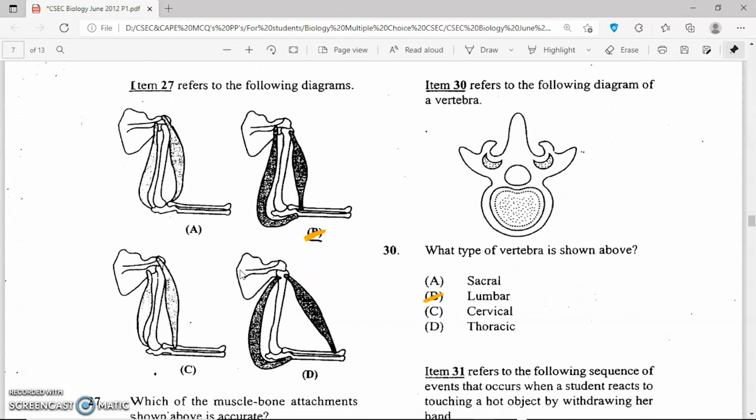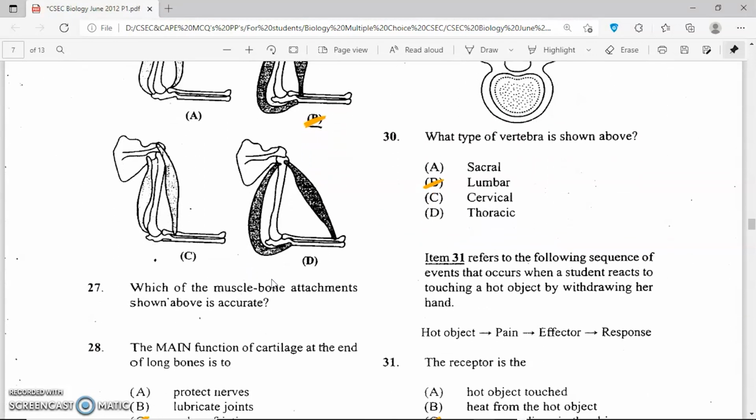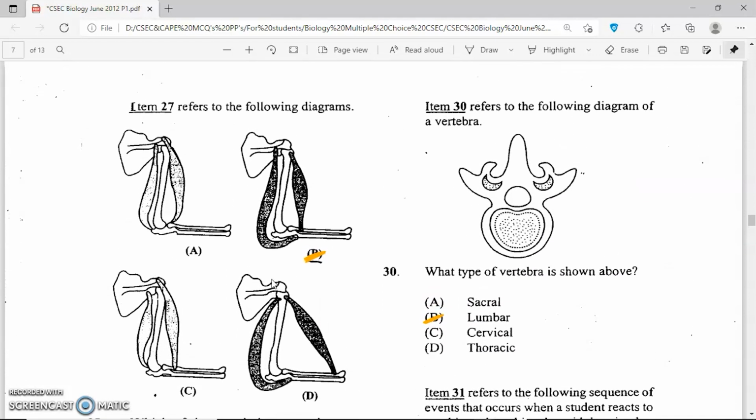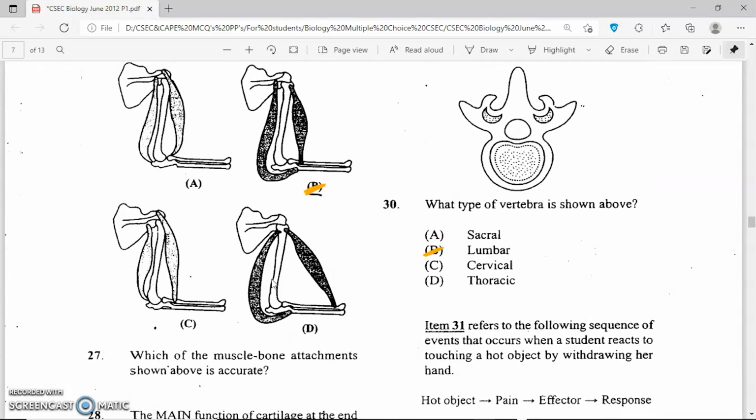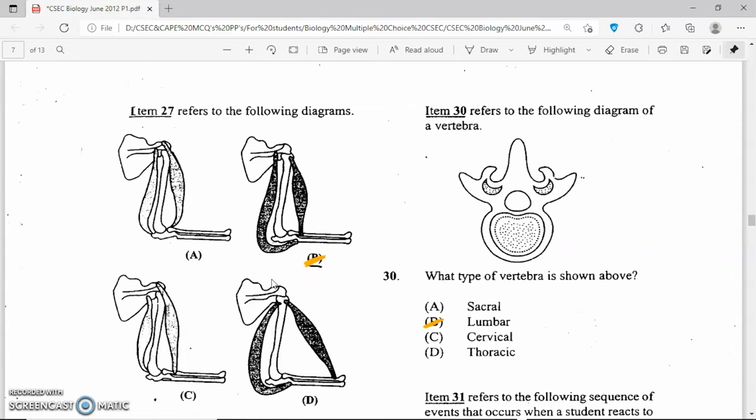A, B, C, and D. Which of the muscle bone attachments shown above is accurate? The answer here is B, because the tricep must attach to the ulna, so that when the tricep contracts, it would pull on the ulna and extend the arm.